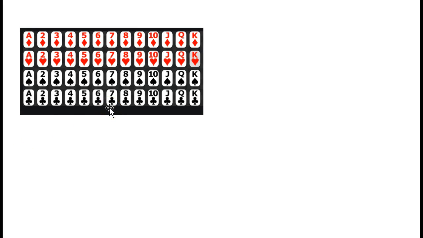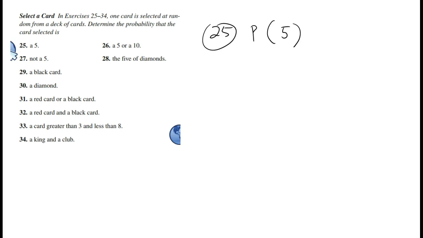If we're looking at this screen, how many 5s do we see in our deck? There's a 5 of diamonds, a 5 of hearts, a 5 of spades, a 5 of clubs. So the probability of selecting a 5 would be determined by the number of 5s in our deck divided by the total number of cards.